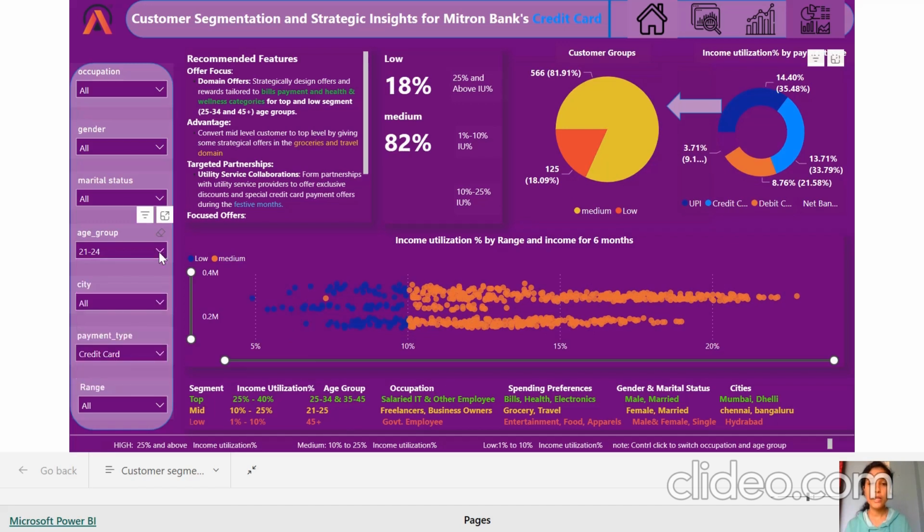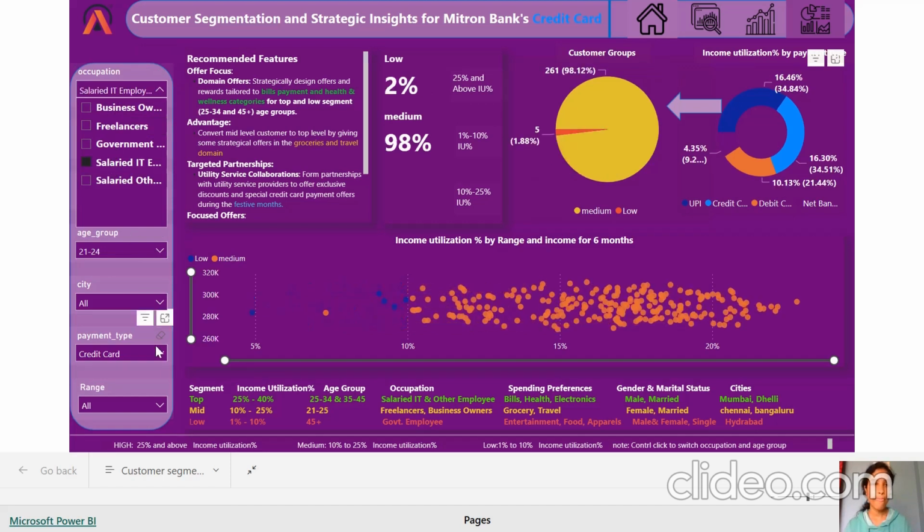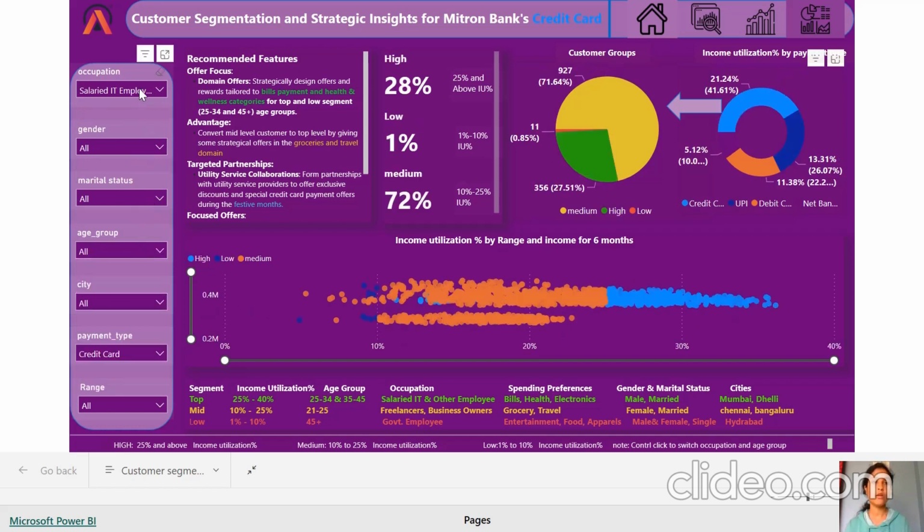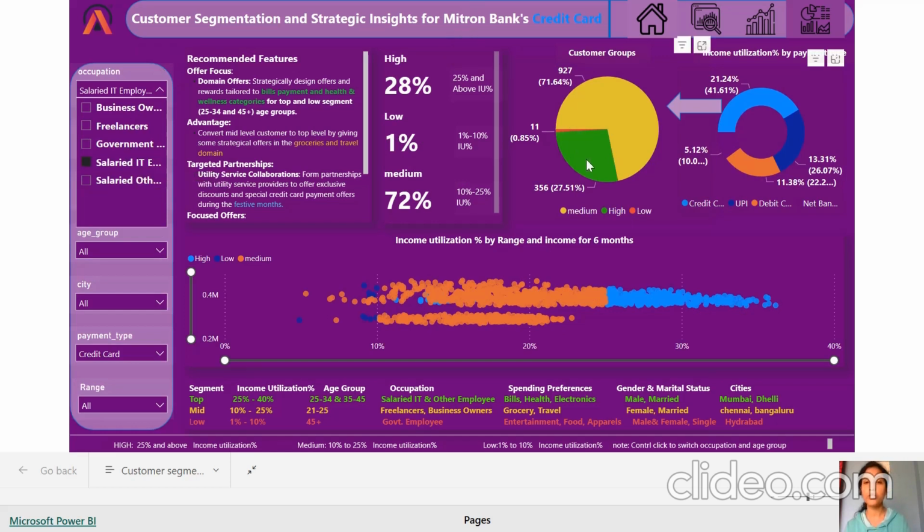Similarly, you can go for the occupation, that is salaried IT employee. I have considered only this occupation, so a higher percentage of customers are in the high segment.